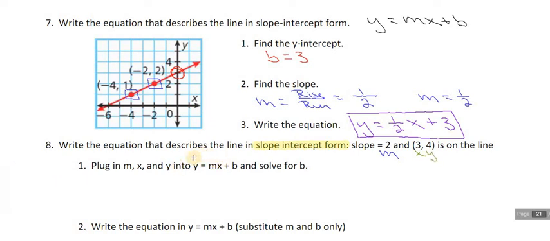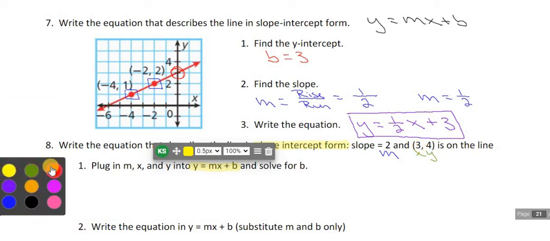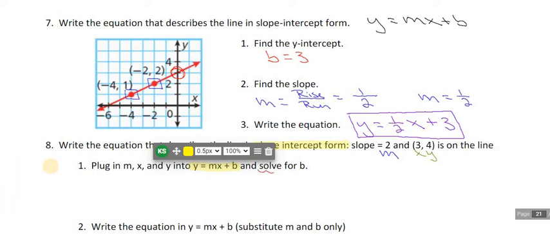So if I think about my equation y equals mx plus b, we want to try to be as literal as possible. We have a y value, it's 4. We have an m value, it's 2. We have an x value, it's 3, but we don't know b. But that's what we need yet. Okay, so we're going to plug in the information that we do have and then solve for b.